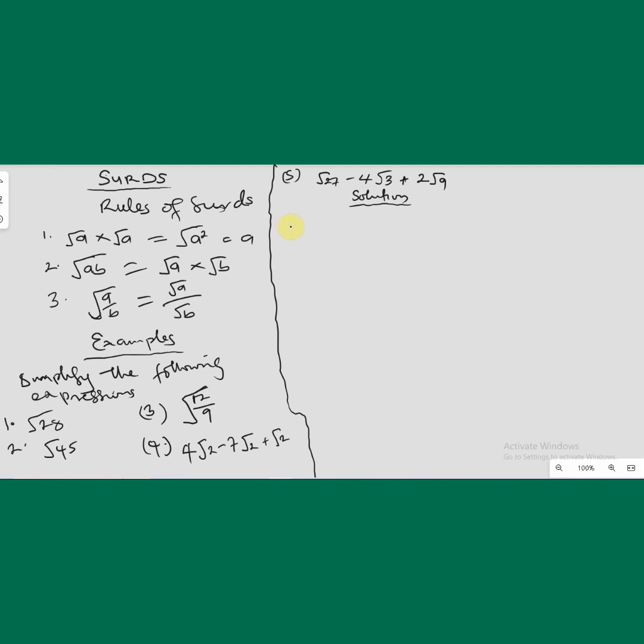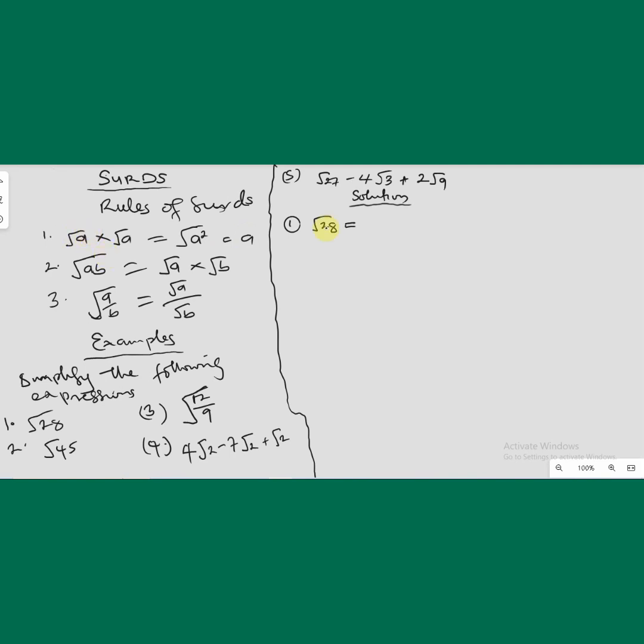Okay, the first one says simplify surd 28. Applying the first law here, because you can't get the square root of 28 directly, what you need to do is break it down.